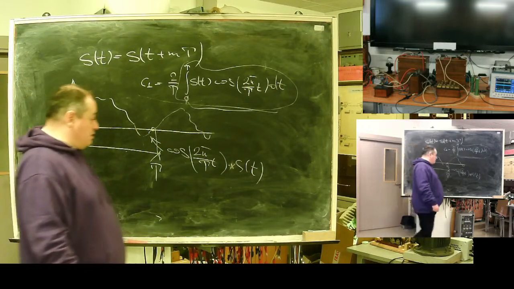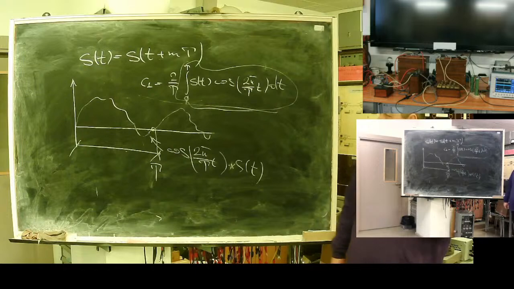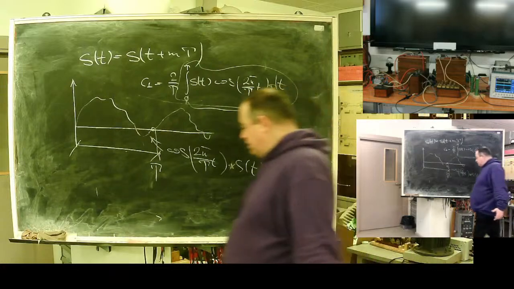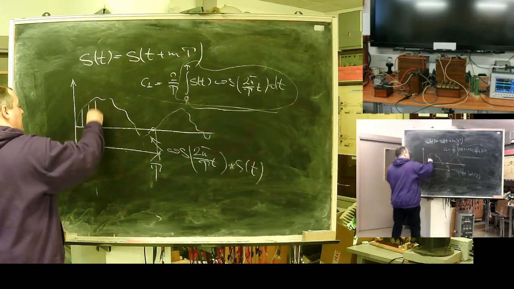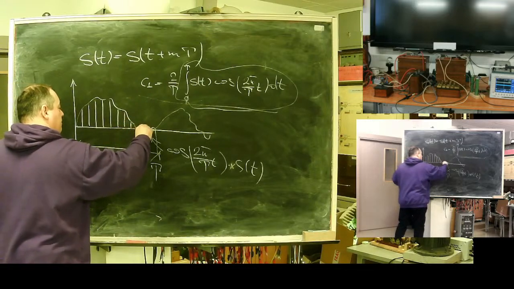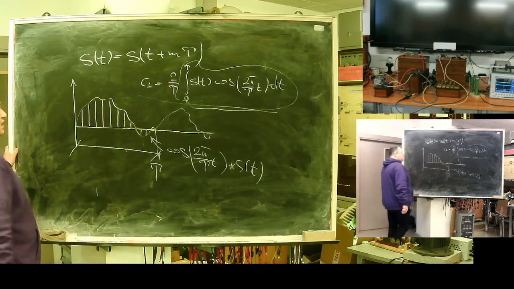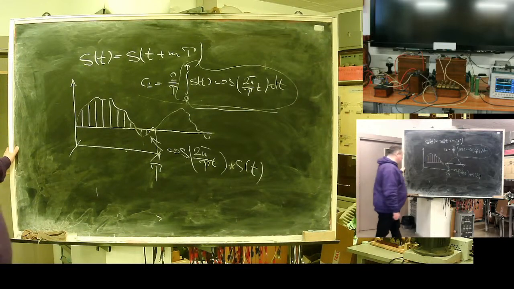Let's take a look. If I do it numerically, what will I have? Not a continuous signal, but a table of values. My signal will be represented as a table of values, and multiplied by cosine, it still remains a table of values, or discrete time signal.